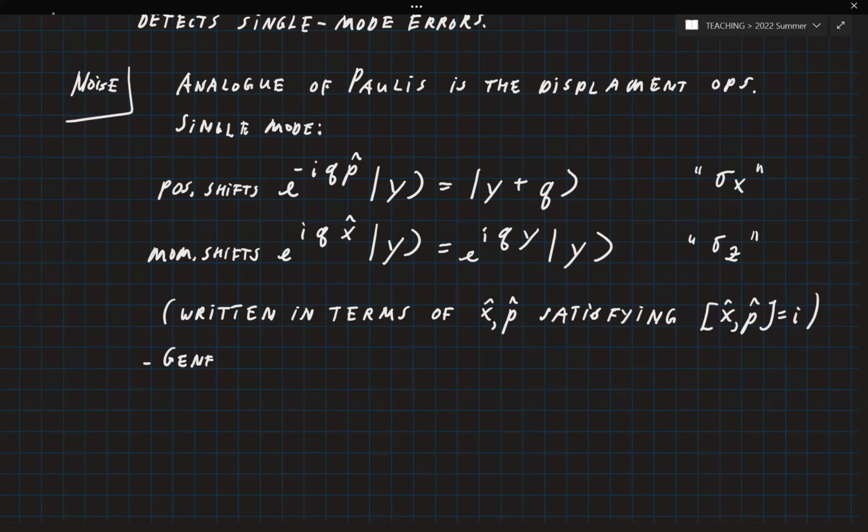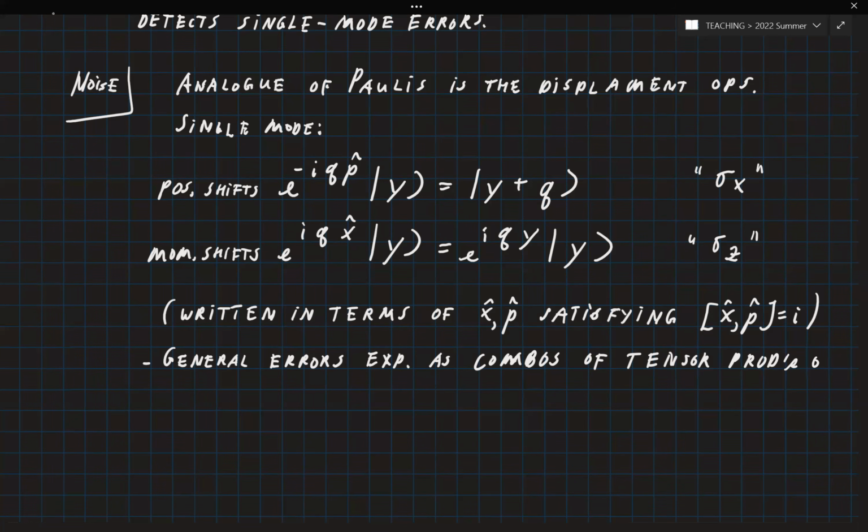And just like before, general errors can be expressed as powers of products or as combinations of tensor products of displacements or shifts.